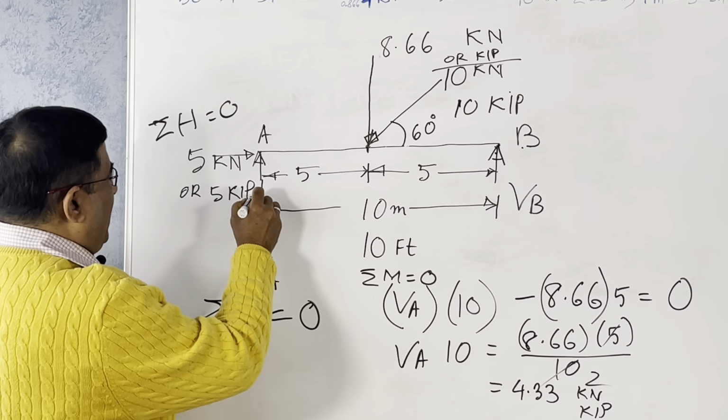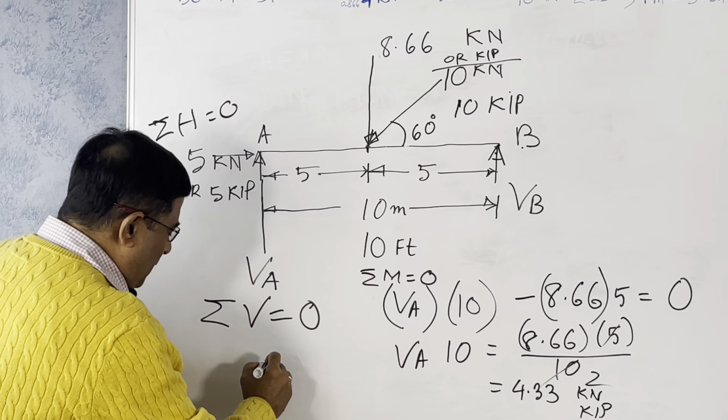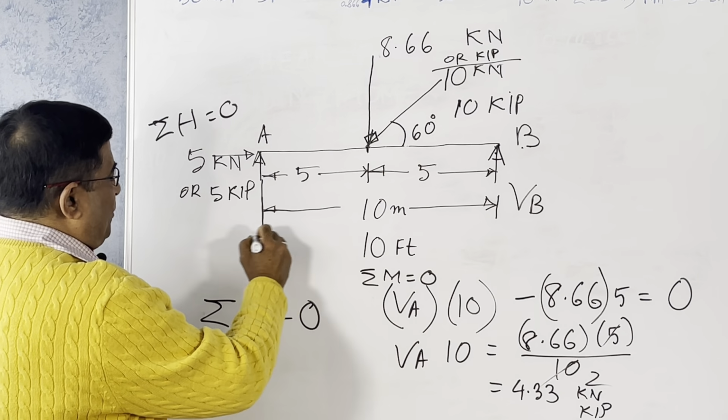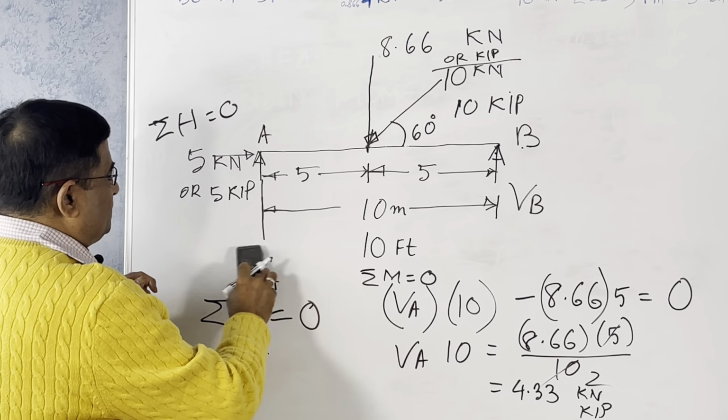That means I have this 10, reaction is 8.66. What is the reaction here?